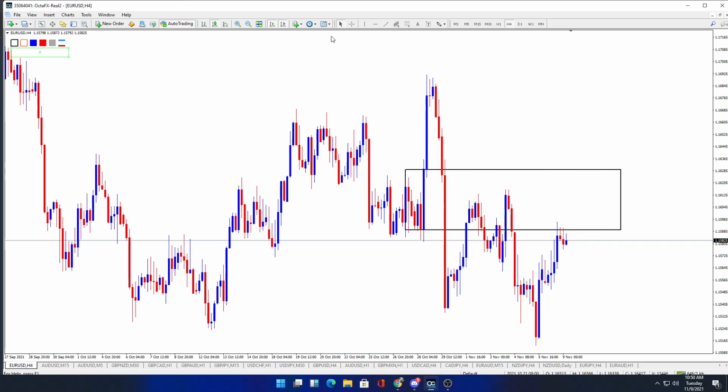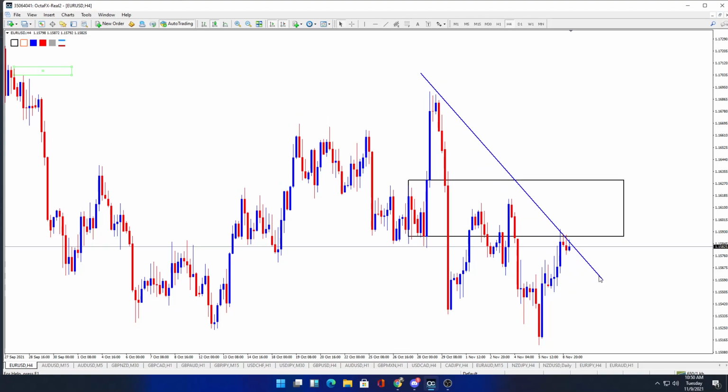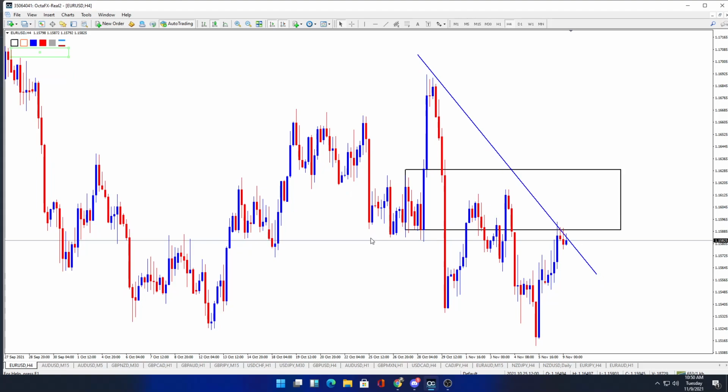If I drag the trend line here, the trend line still shows bearish, in the bearish movement, so downtrend movement.